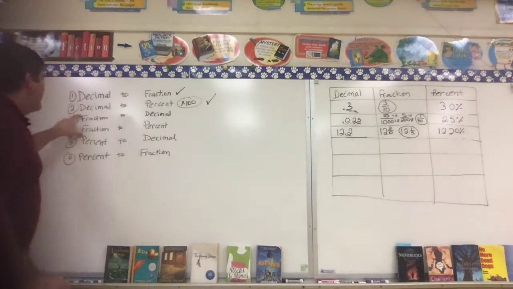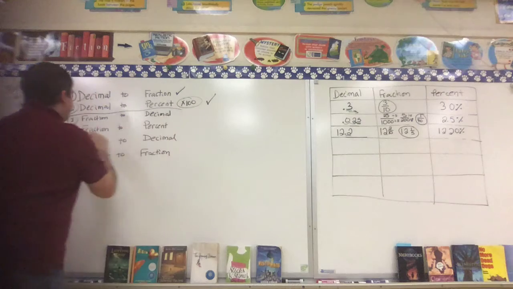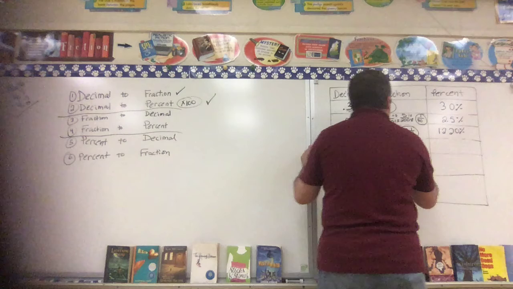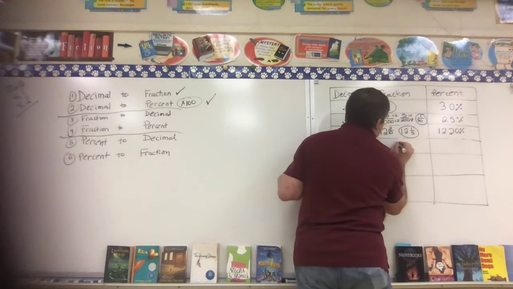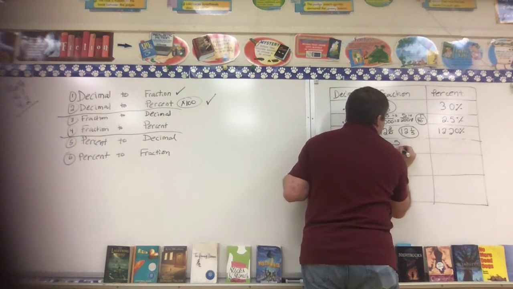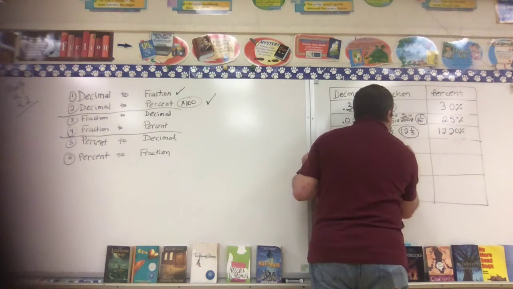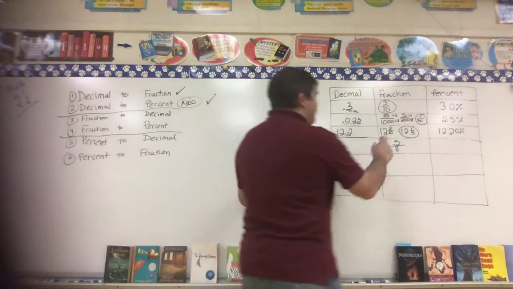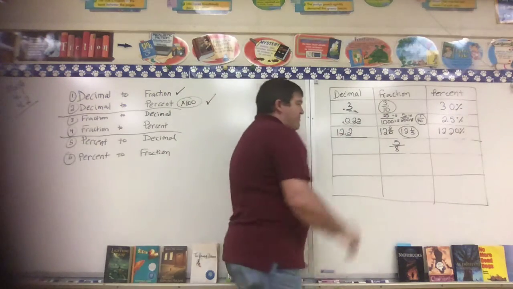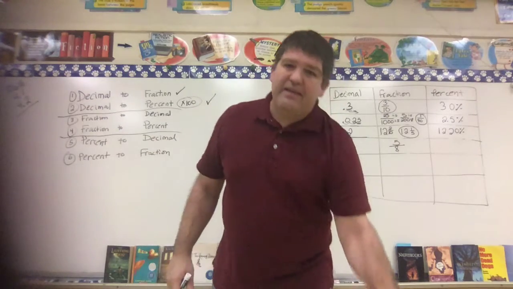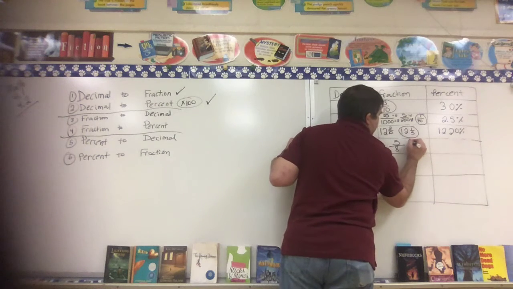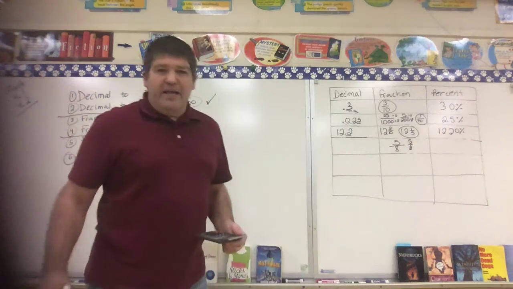Now, let's go from fraction to a decimal, and then fraction to a percent. So we'll start with a fraction here, and let's do 5/8. Now, to go from a fraction to a decimal, you might need a calculator, because all it is is 5 divided by 8.